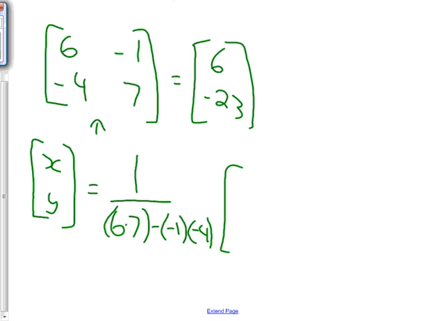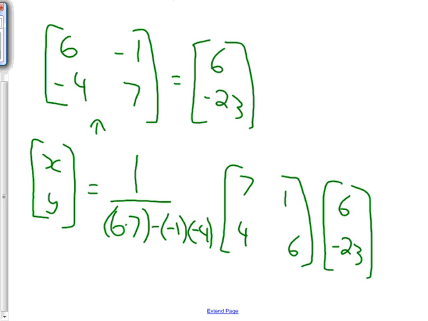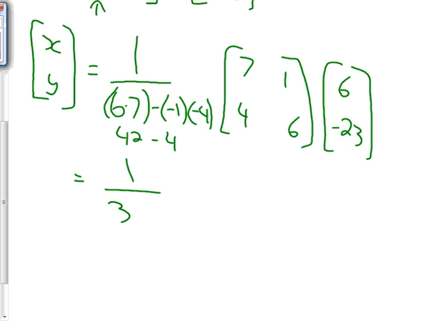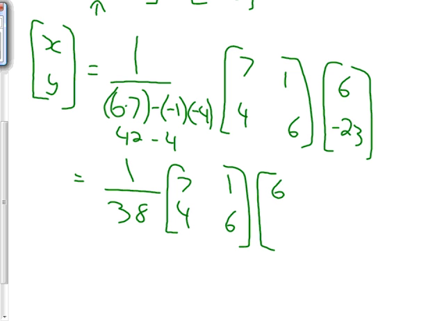Then multiply by 7, 1, 4, 6, and our matrix, which is just 6, -0.3. We get 1 over 38, 7, 1, 4, 6, times 6, -0.3.